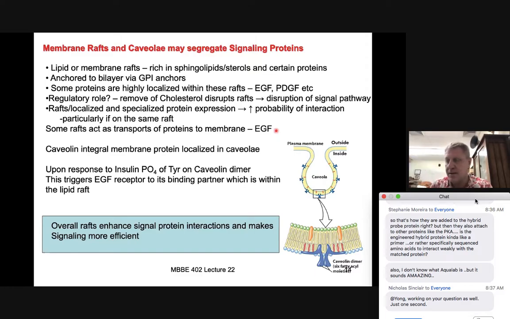Now, the caveoli also respond to phosphorylation and insulin of the tyrosine moieties within the dimer. And this is basically what causes then the puckering component to occur.